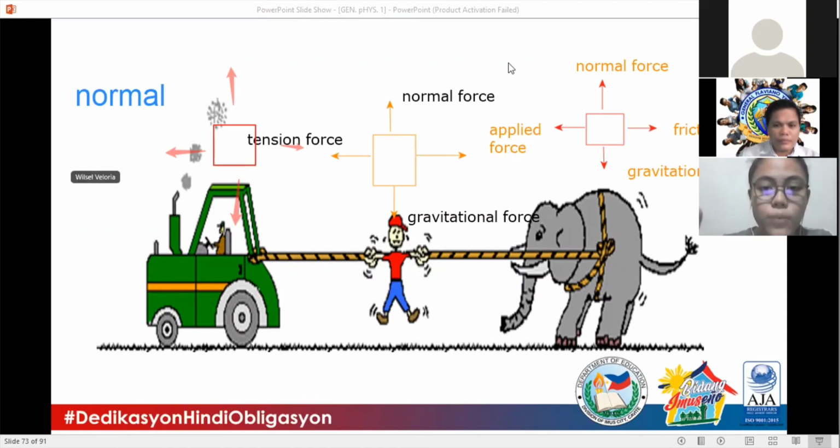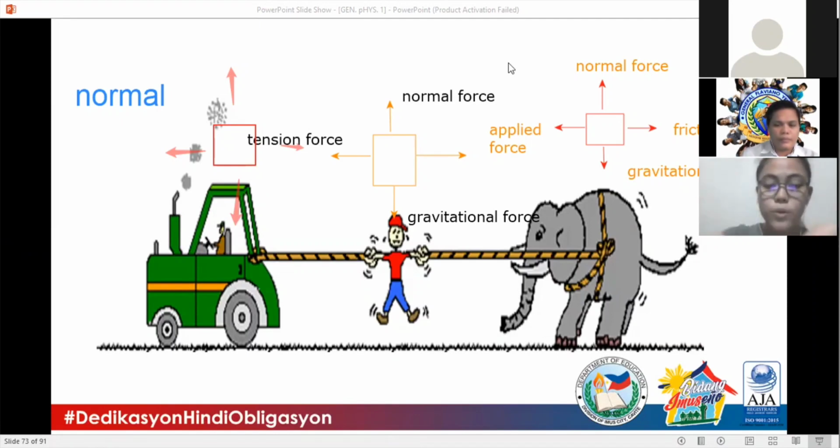Kaya po naging applied force yung nandito kasi yung lalaki po, yun po yung nag-a-apply ng force doon sa elephant. So, the applied force is the force exerted on the elephant by the person. And the friction force is the force exerted by the surface as an object moves across it.